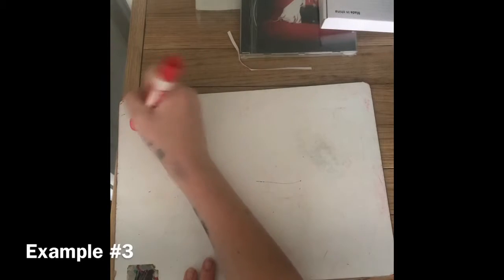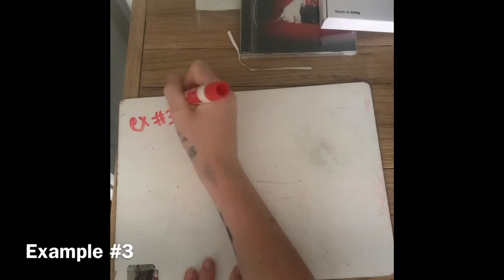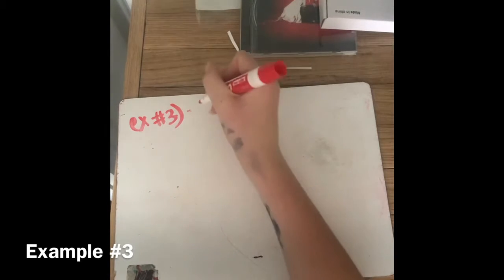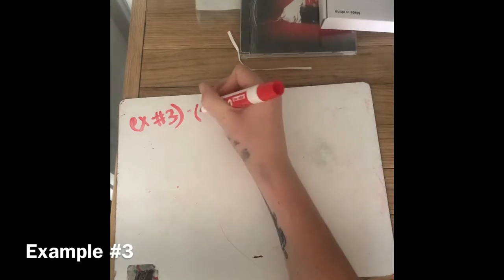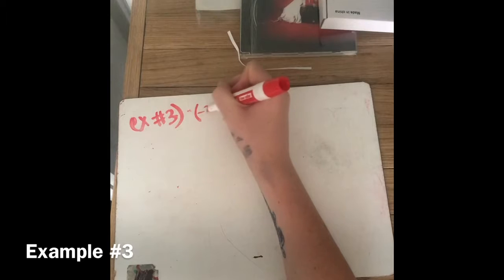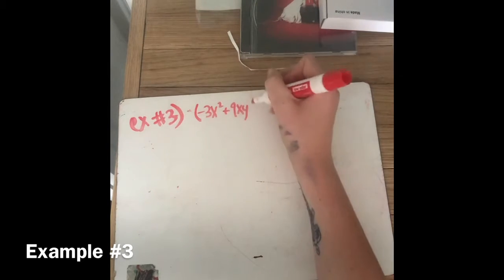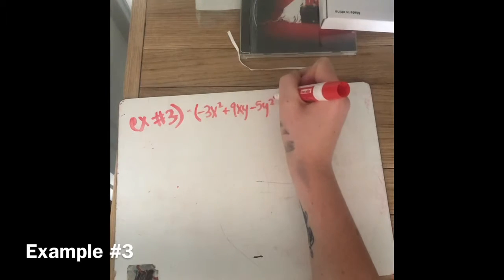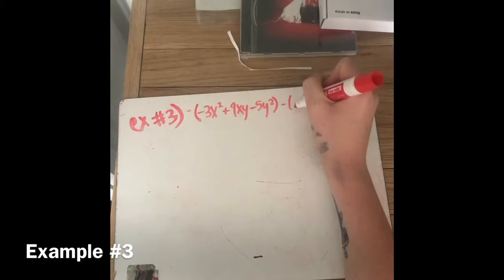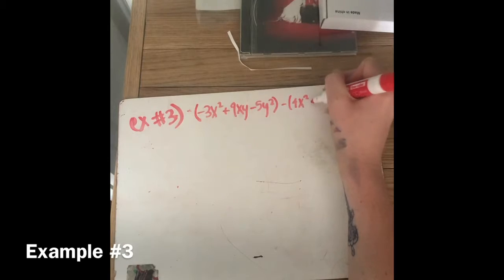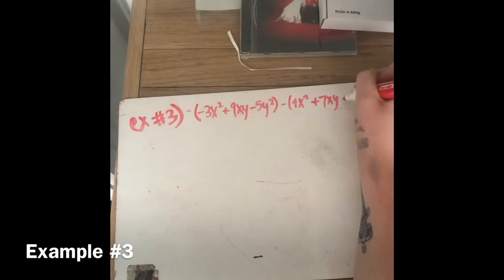Okay, so let's try another example. Example number 3. You have negative 3x squared plus 9xy minus 5y squared minus 4x squared plus 7xy minus 8y squared.